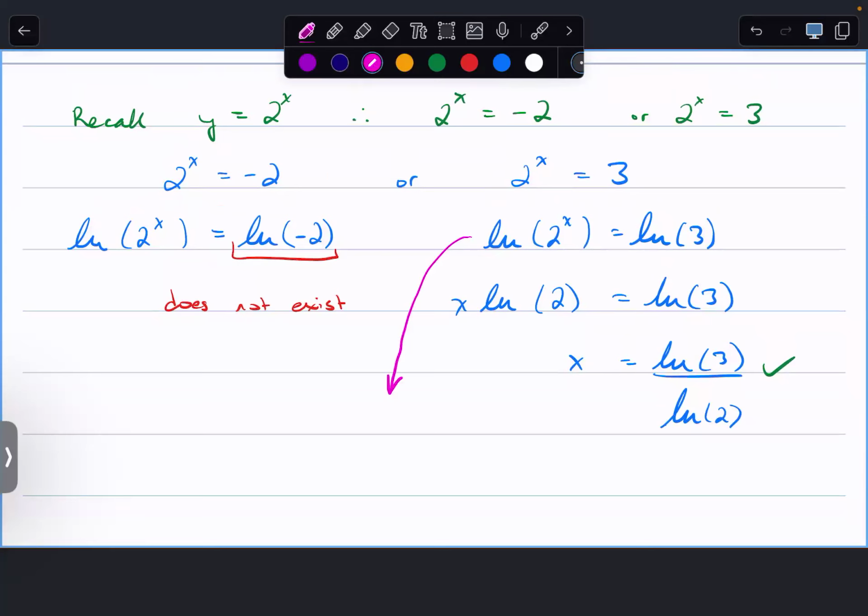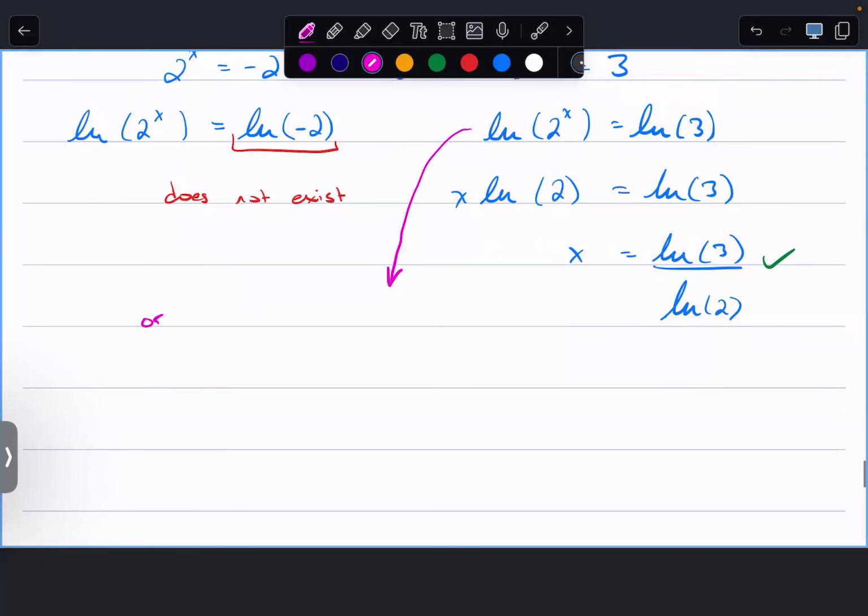What if you didn't want to use the natural log, and instead used log base 2 around the 2 to the x? Then you would have log base 2 of 3. Well, you would get x times the log base 2 of 2, which is 1.